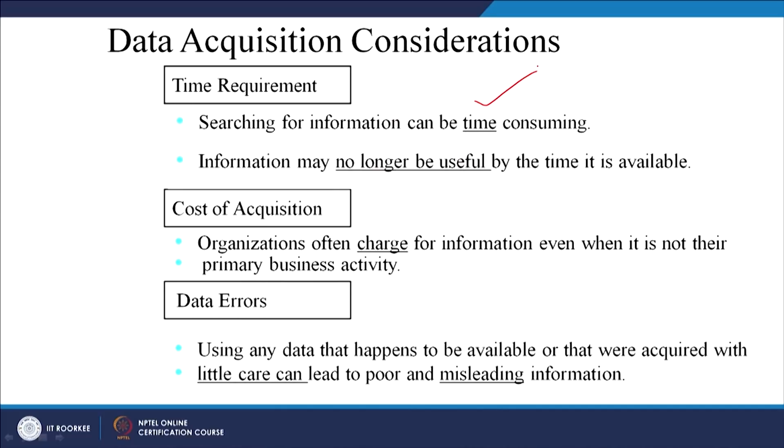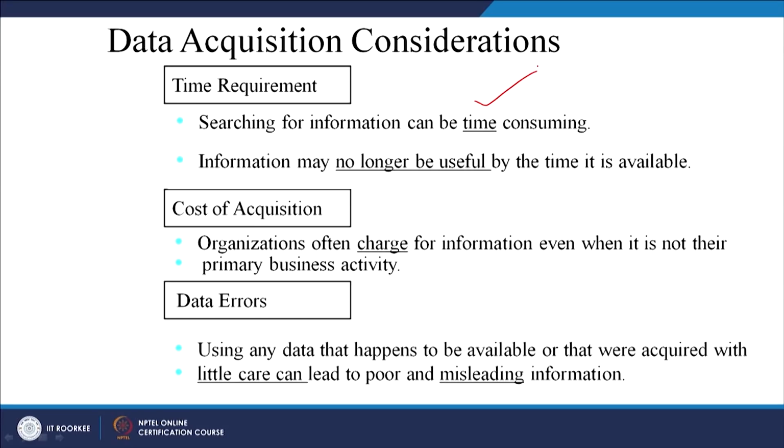Cost of acquisition, of course, there are lots of costs involved in data collection. So, you have got, let us say, field workers, your supervisors and so on, to whom you are paying their salaries and wages. Sometimes you acquire data from some other companies.